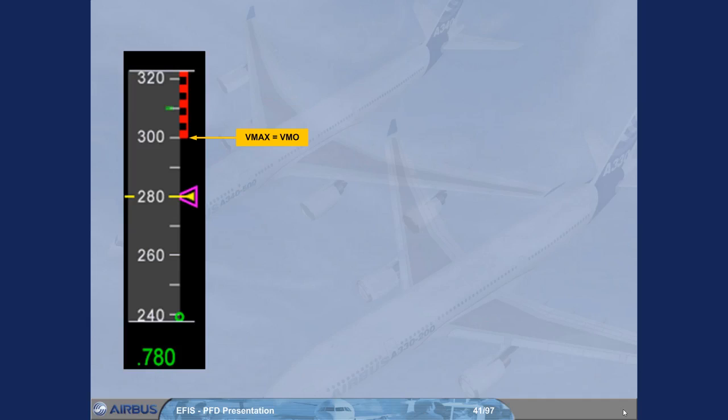In the example shown, the aircraft is cruising at Mach 0.78, and the indicated Vmax of 300 knots represents the equivalent of Mach 0.82. A green circle indicates the best lift-drag ratio speed for the aircraft in clean configuration. This speed is known as green dot speed.